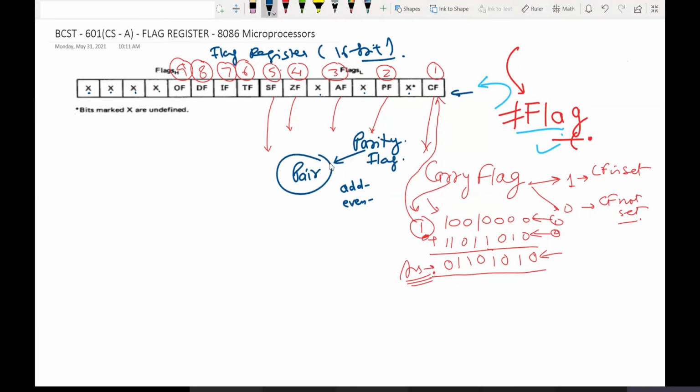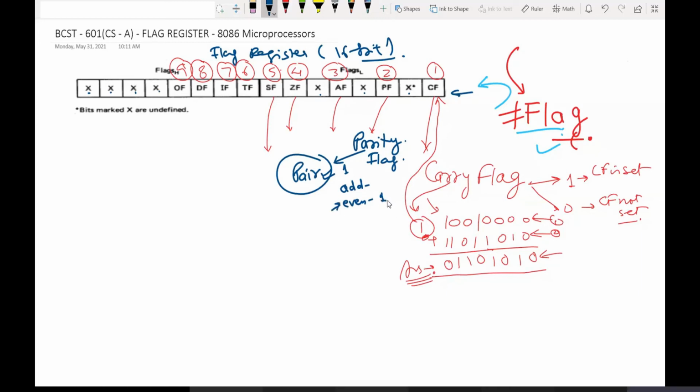What is the significant bit in binary? The significant bit is 1. So we just need to see how pairs of 1 are being created. If there are pairs of 1 having an even number like 2, 4, 6, then the parity is even parity.